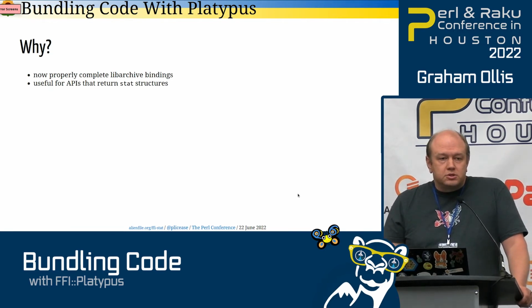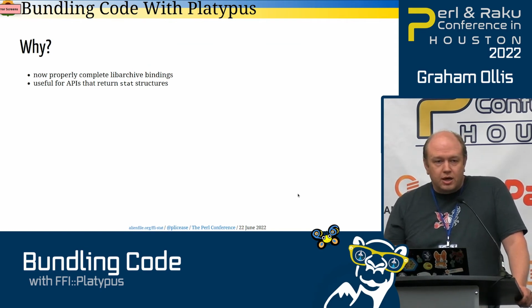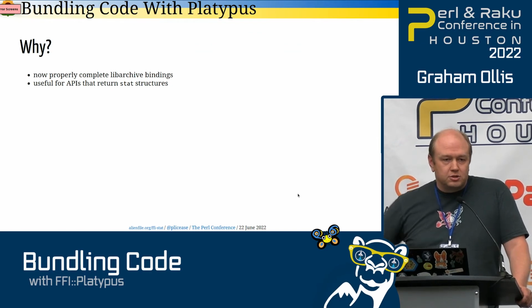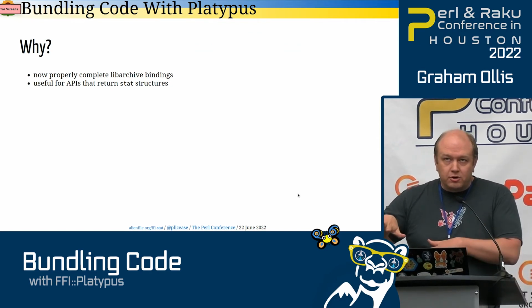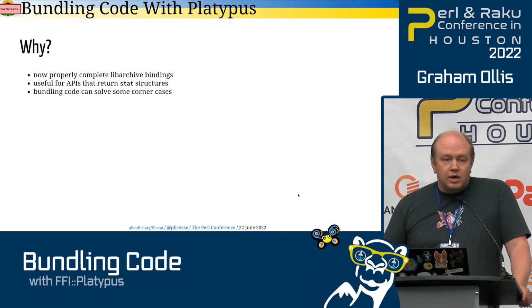But it is actually useful. Sometimes there are C APIs that return stat structures, and they don't provide the cheater method where you can get the attributes separately. So it is a corner case, but it is sometimes a useful corner case. It also is just an example where I tested out the bundling infrastructure that I had written.